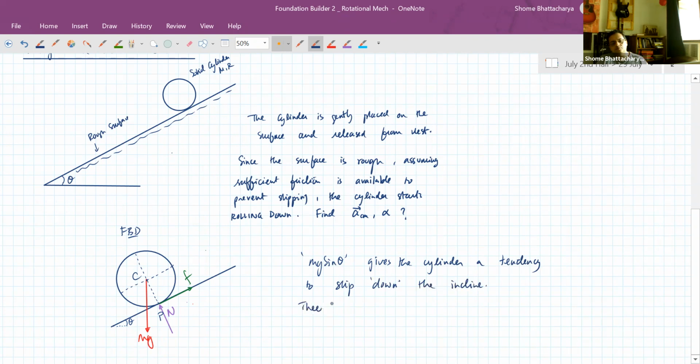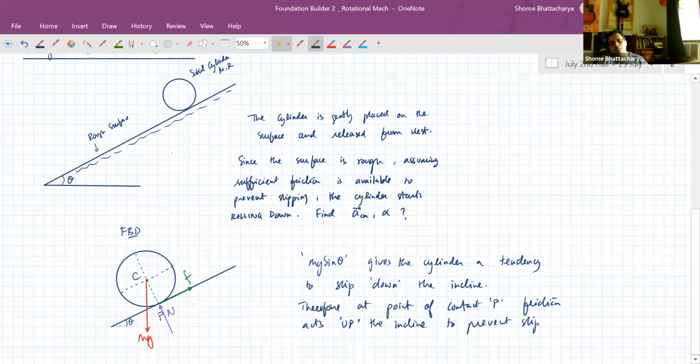So therefore, at the point of contact P, friction acts up the incline to prevent slipping. And obviously the cylinder starts rolling down without slipping.